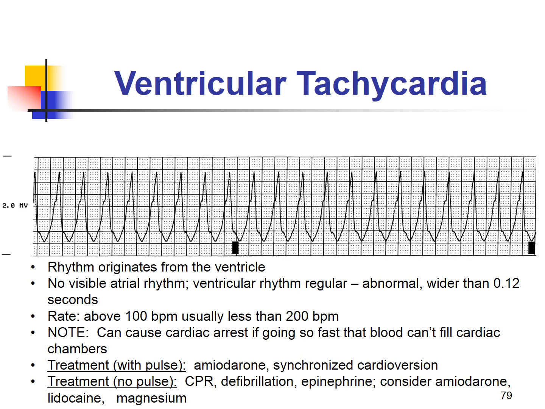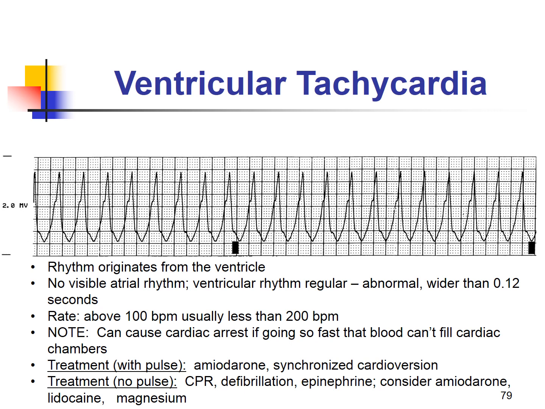Ventricular tachycardia. See, look at the rhythms, look at the strip so you can see the differences in it, right? So the rhythm originates from the ventricle, right? No visible atrial rhythm. Ventricular rhythm is regular, abnormal, and it's usually wider than 0.12 seconds. The rate is above 100 and usually less than 200.